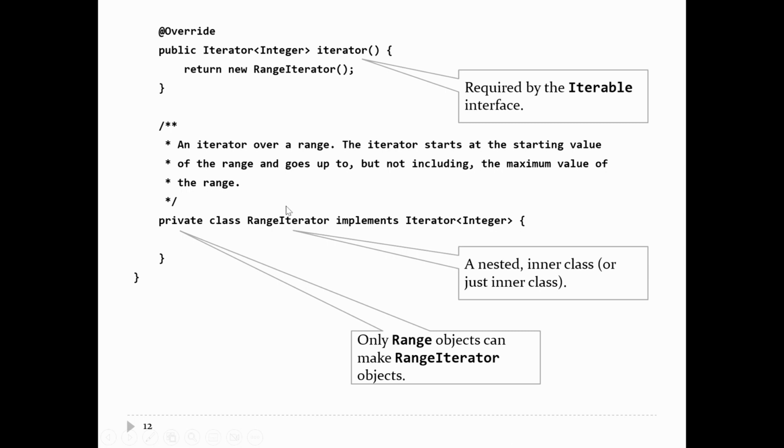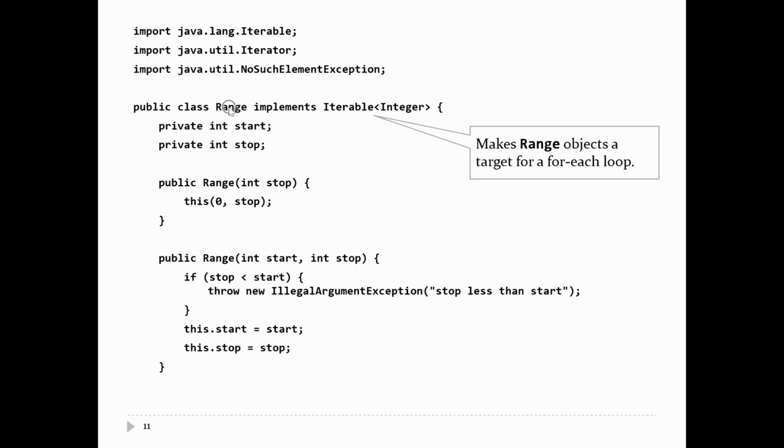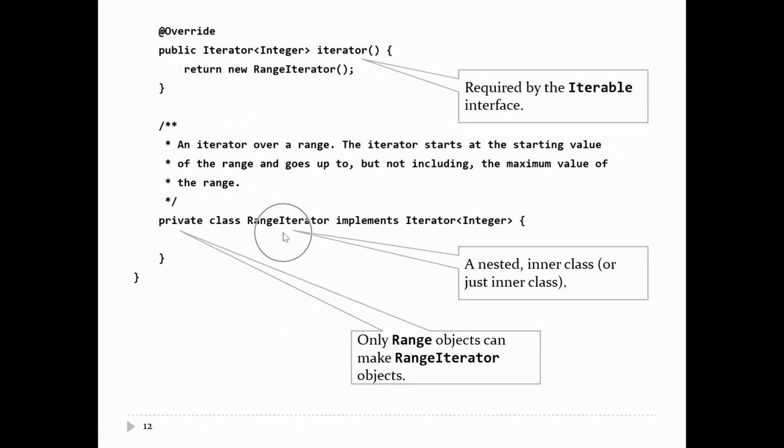What that means is that only the range class can actually see the RangeIterator class. So only range objects are able to make RangeIterator objects, and that kind of makes sense, because no one else needs to make a RangeIterator object. You need a range to iterate over, so it doesn't make sense for anybody else to independently make a RangeIterator object.